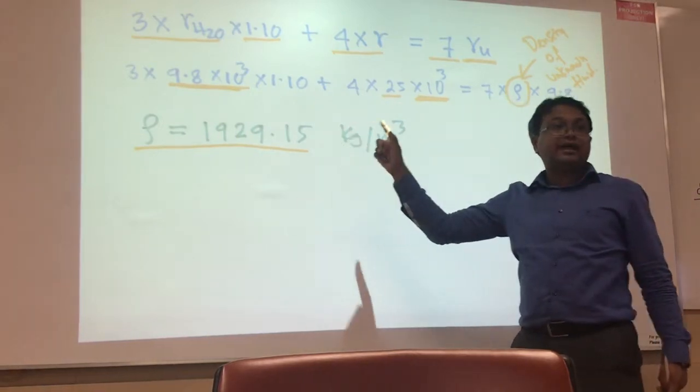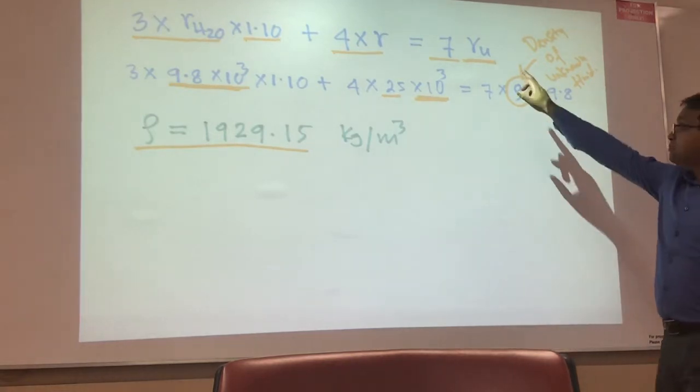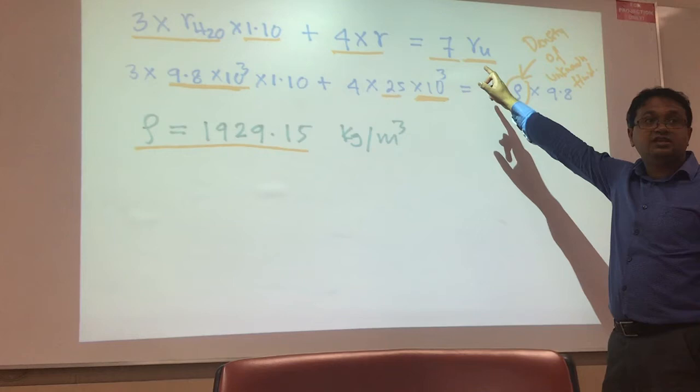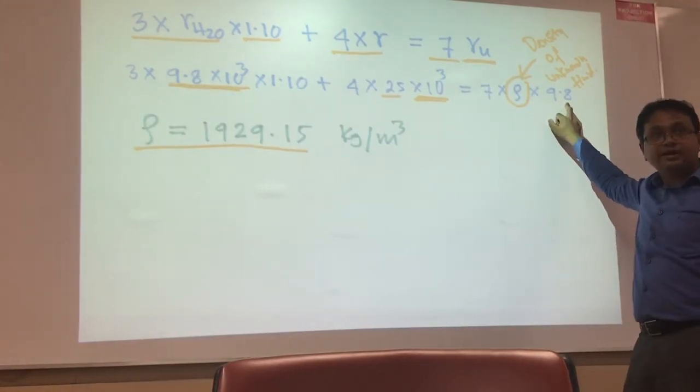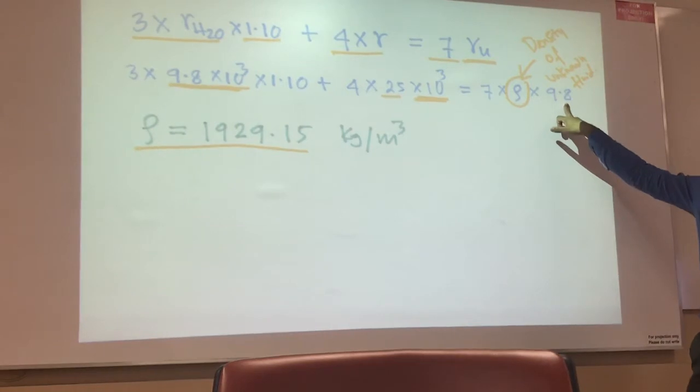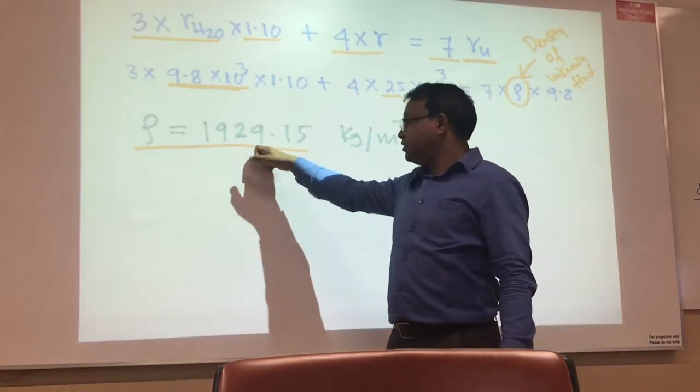So you have to calculate carefully. So what is the rho? I know gamma equals rho times g, where g is 9.8. And density of water I put here as 1000. So the density of the fluid is more than 1000: 1930.